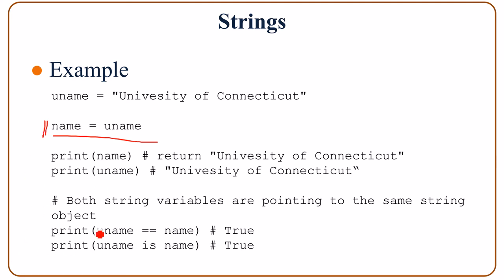Now let's say if you print uname equal to name, this compares the content or the value of the strings. This would return true, and of course it is true because both are University of Connecticut. However, if you print uname is name, this returns true also, right? Because both name and uname variables point to the same string in the memory.